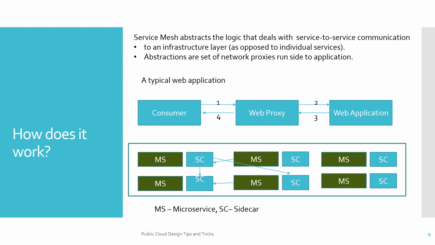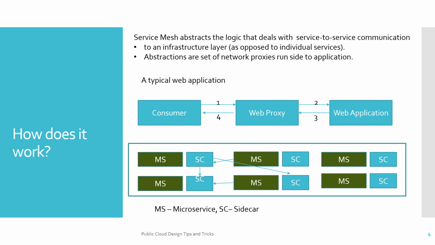Here the provider is the web application, and in a practical scenario there is always a web proxy that sits between a consumer and provider. The web proxy deals with the routing logic and, if required, the necessary security logic. Normally a web proxy is nothing but a different piece of software that sits between a consumer and a provider. That is how it looks in a typical web application scenario.